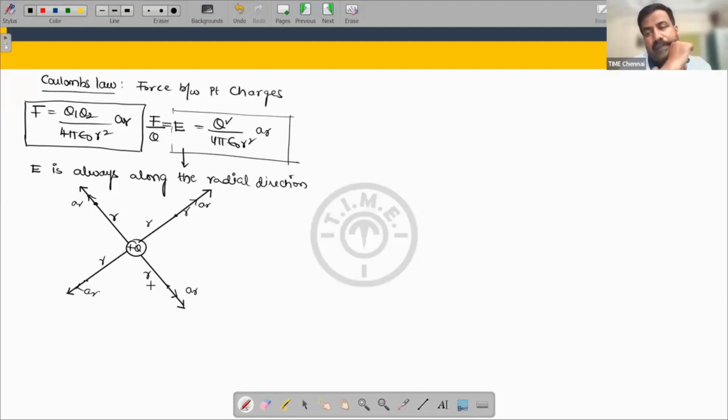Potentially, they can ask a question on this. You can expect a question on direction of electric field. If I reverse the polarity, if I take a negative charge, these flux lines now will enter like this.